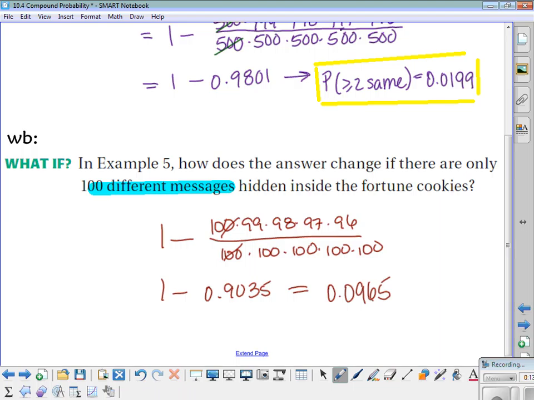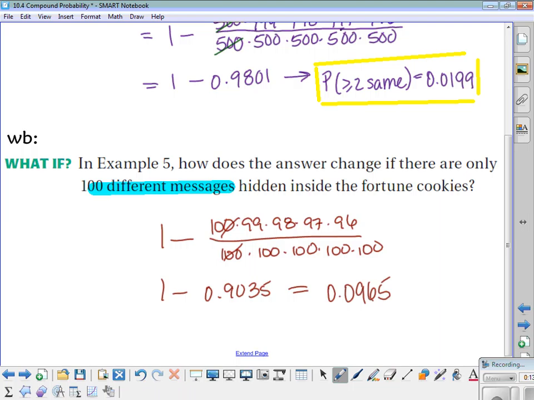Okay. The reason I asked for 2 the same is because this is an instance where the complement makes more sense. If you're asking me what are the odds that all 5 of them are the same, then that's a whole lot different problem. I've got only one thing I'm trying to find. So it doesn't make sense to use the complement then.